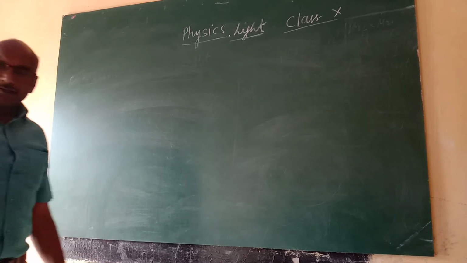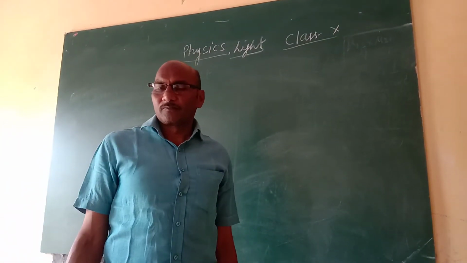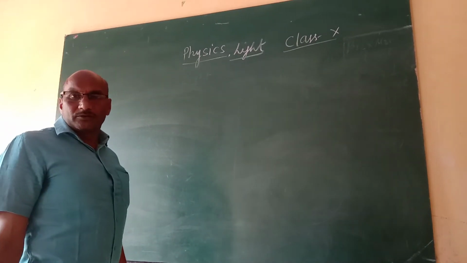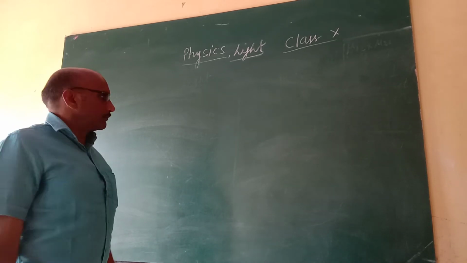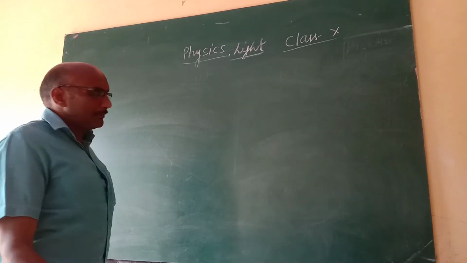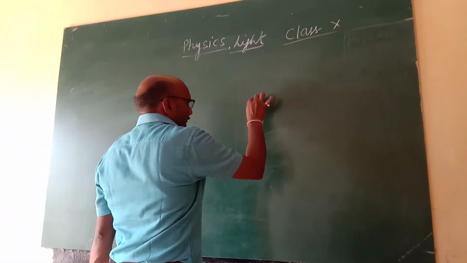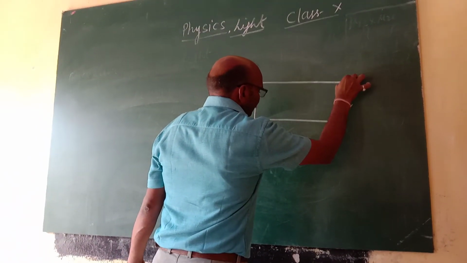Okay, let's come to the topic of lateral displacement. To know the lateral displacement, we have to go through some experimental verification. Here I am discussing one object called a glass slab, one object of glass which is kept.